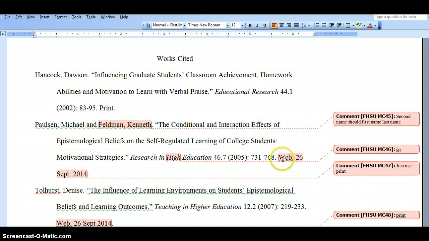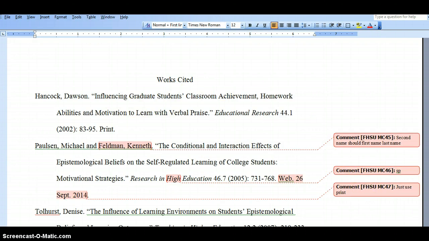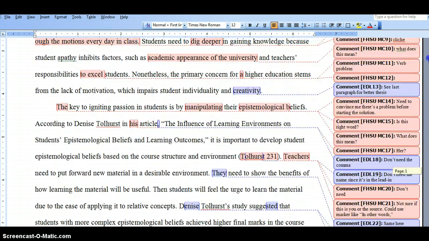And as I mentioned in class, and I corrected it up here, if you do indicate this is a web source, you do need to indicate the source, the database, or sponsoring website here. Since you have PDFs, and I think these are all PDFs, you can just substitute print and call it good. I think that's good enough. So anyway, excellent sources informing the paper.